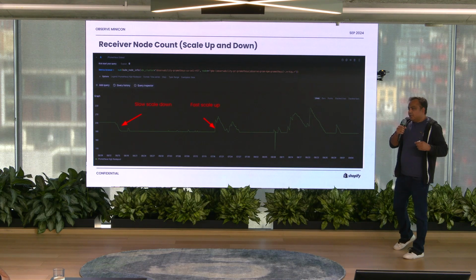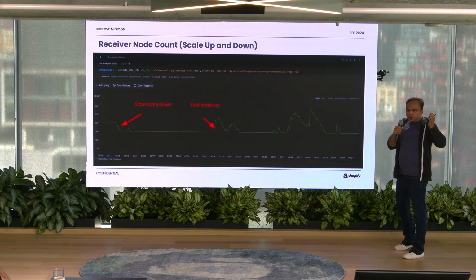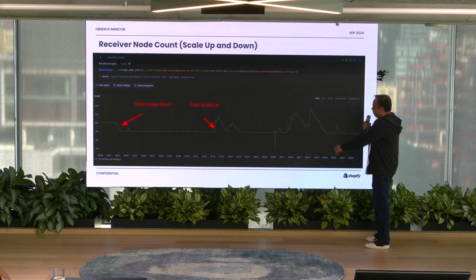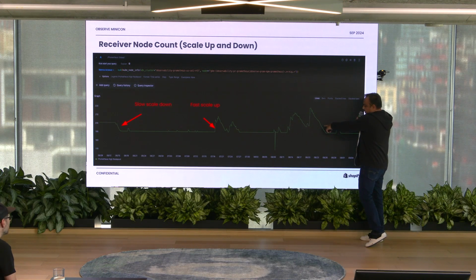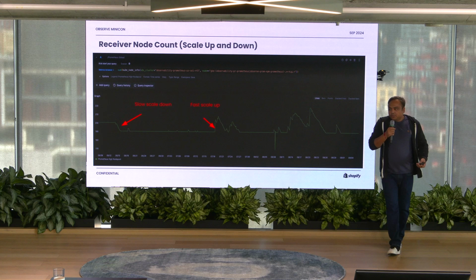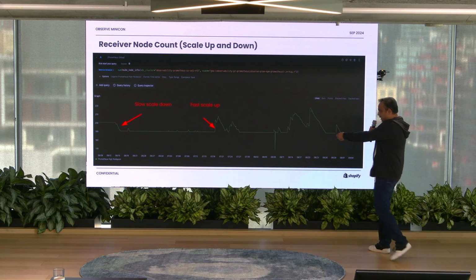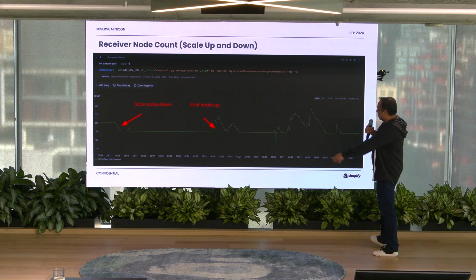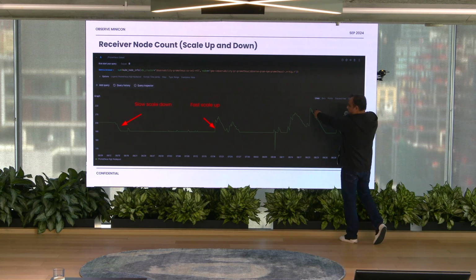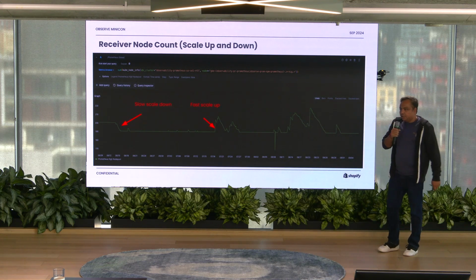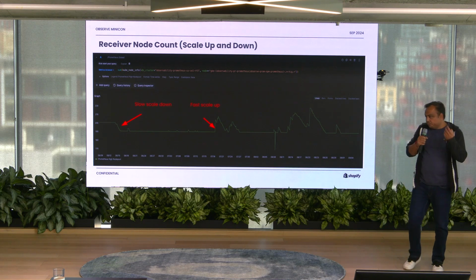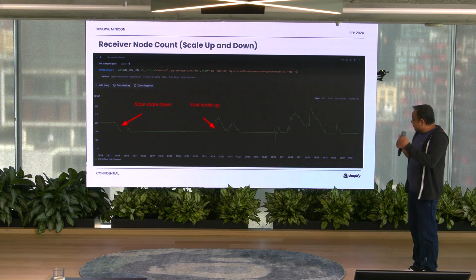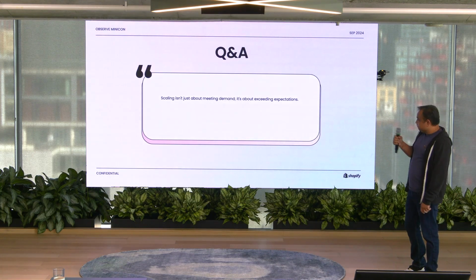But when we scale down, we make sure we didn't do any kind of scale up before, so we wait for 3 or 4 hours before we start scaling down. And that's why you're seeing a staircase kind of pattern over here. So the majority of the time we take 190 nodes, but sometimes we have to jump to 220 to accommodate the need. So it's a liquid kind of infrastructure.